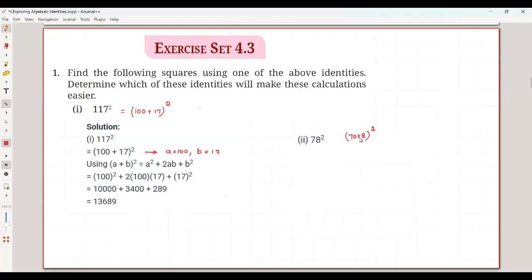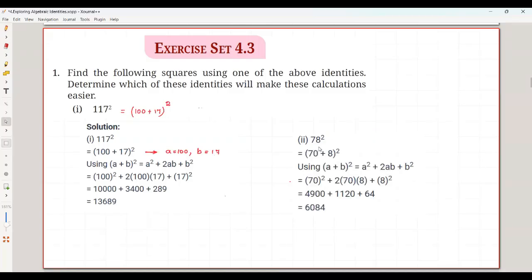So I'm going with 70 plus 8, right? I'm just going to give you the answer. 78 whole square we can write as (70 + 8) whole square, using the same identity (a + b) whole square is equal to a square plus 2ab plus b square. From this, a is equal to 70 and b is equal to 8.